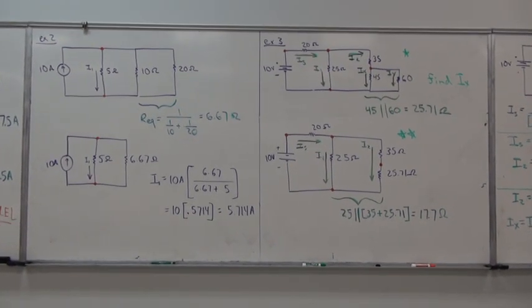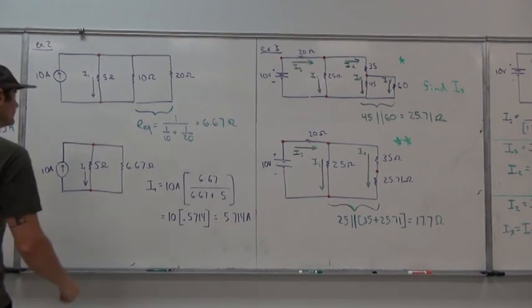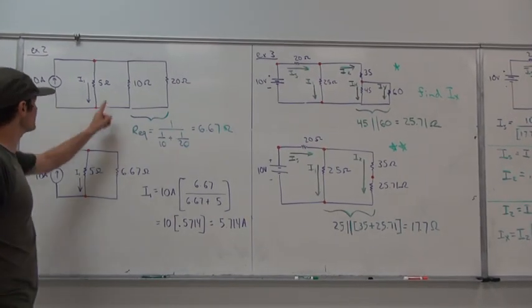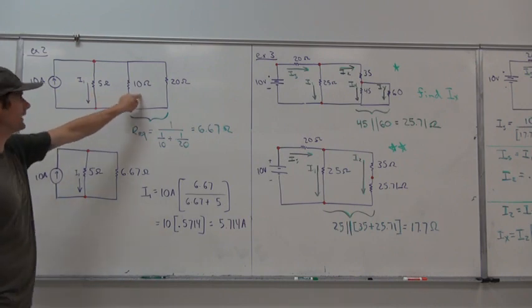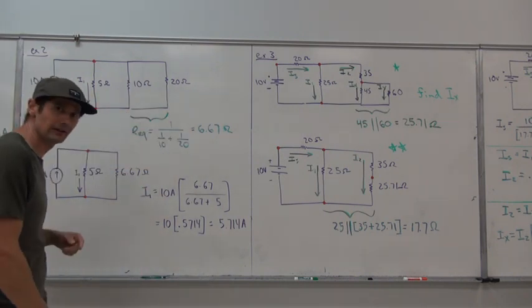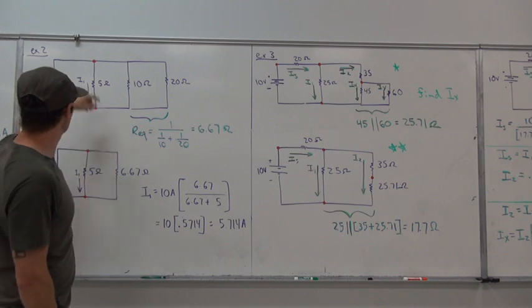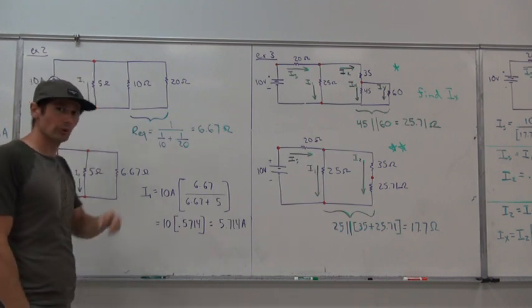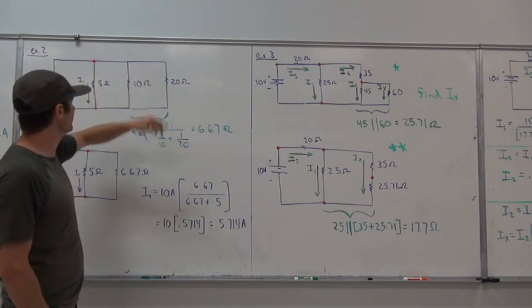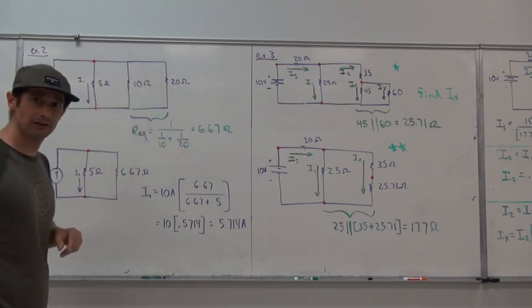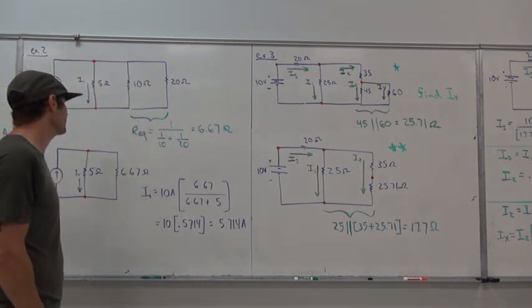All right, so as I promised, got you right here. 3 elements in parallel, and let's see here. We've got 5 ohms, 10 ohms, and 20 ohms in parallel. And just like we've shown before, there are our nodes, only 2 nodes. All elements in parallel. There's no other element in between each of these parallel elements, so therefore it's just a piece of wire.